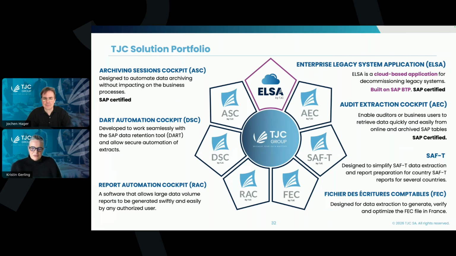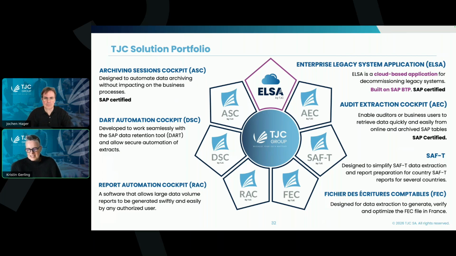And we have the audit extraction cockpit, which is a vital building block also for our ELSA extract, which allows us to easily extract data, make it available either for auditors or for internal business user requirements. And then we have specific country solutions for creating audit data.